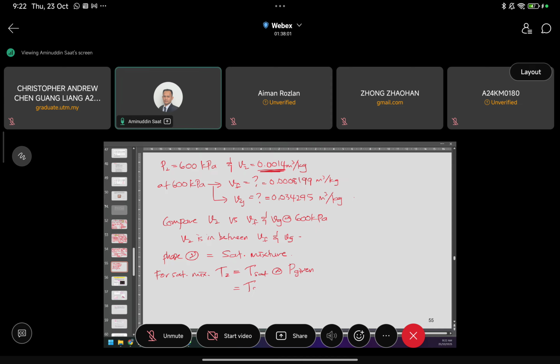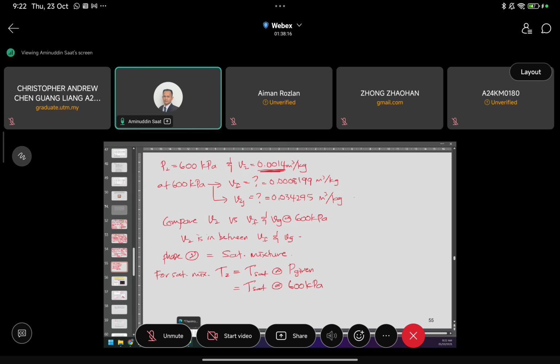That means T saturation at 600 kilopascal. Previously it was 300.